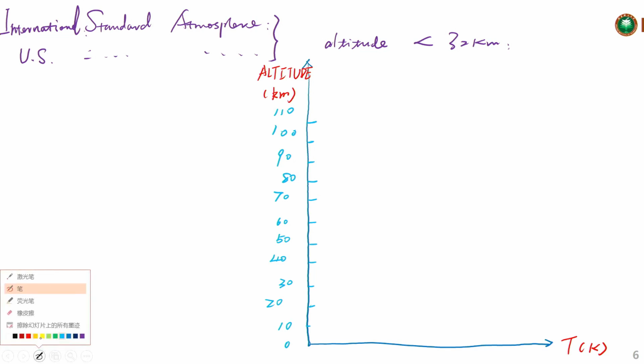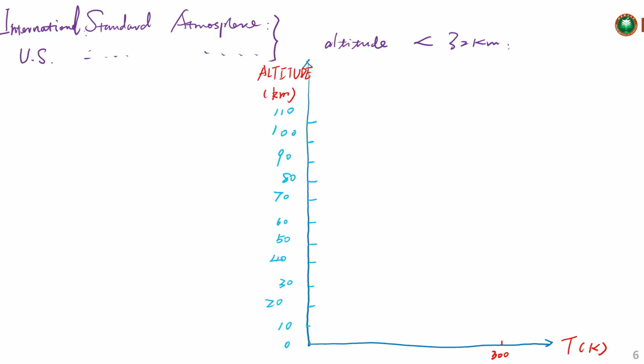For the evolution of the temperature near the ground, we express it as 300 Kelvin. That means the temperature in degrees centigrade is around 27 near the ground.